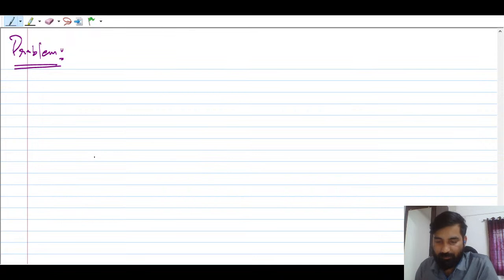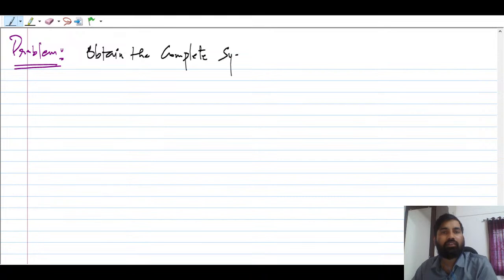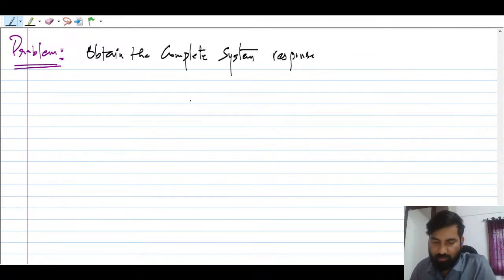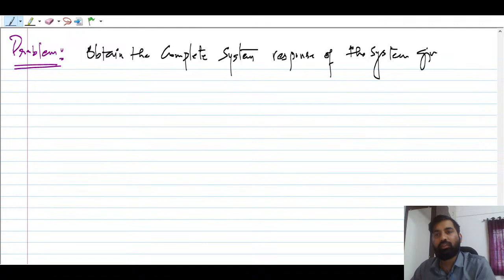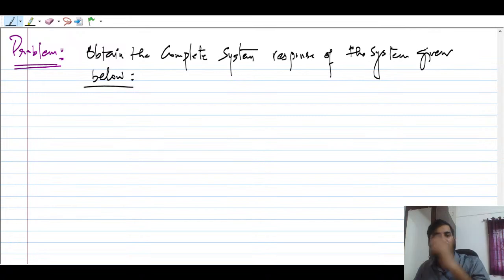The problem says: obtain the complete system response of the system given below. तो आपको एक सिस्टम दिया रहेगा, उसका सिस्टम रेस्पॉन्स फाइंड करना है, and that too the complete system response.